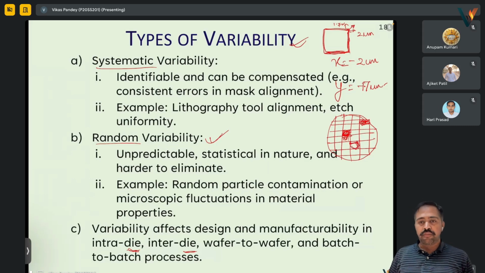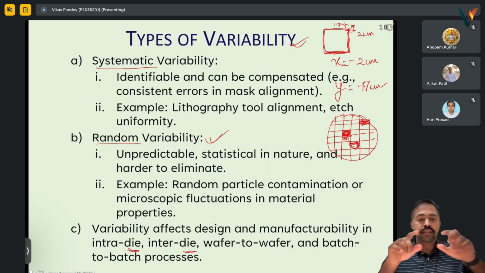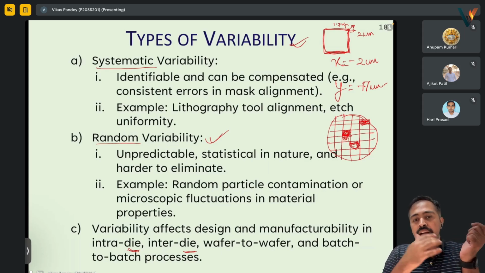This is very common. It is generally said that if we have a wafer, the central part of the wafer gives us the best quality of processors or transistors, and at the periphery we might not get the best.